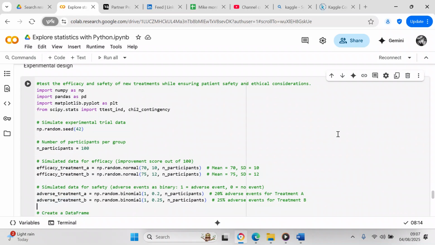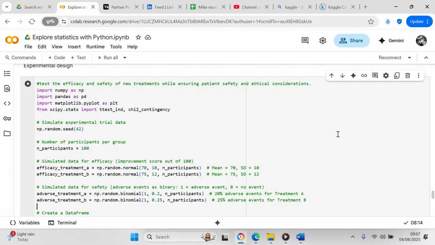Now we're going to simulate data for safety. Adverse events: 1 is an adverse event and 0 is no event. So adverse_treatment_A equals np.random.binomial(1, 0.2, n_participants).